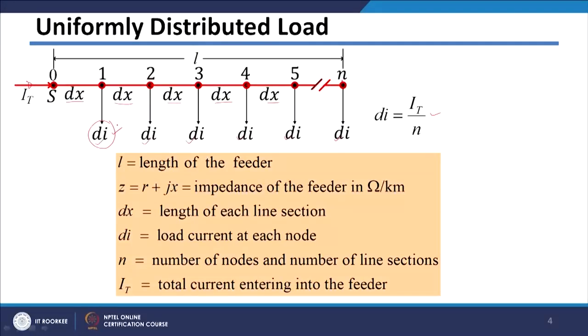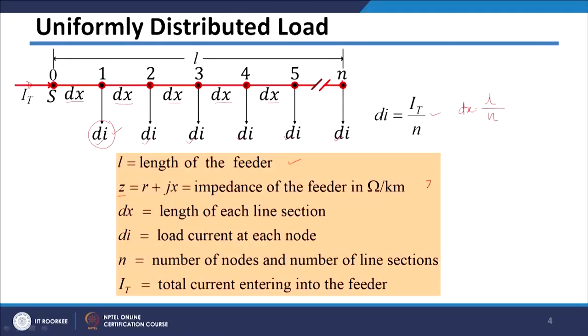We can also see that if the distance of the feeder is L, then dx will be equal to L divided by N, the number of sections. Here, the length of the feeder is L, and the impedance of the feeder per kilometer is small z, which is small r plus small jx.